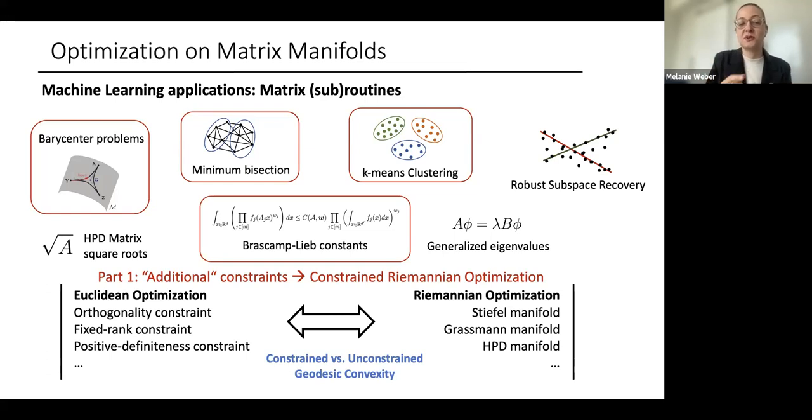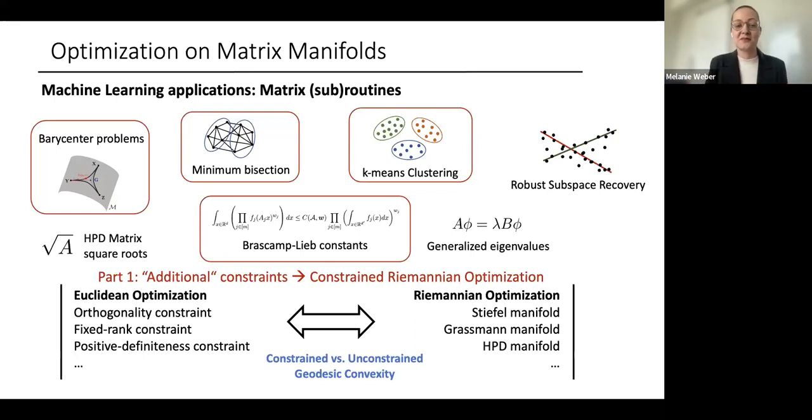In addition to the constraint that defines what class of matrices we're working with, there are other constraints, perhaps on the determinant of the matrix or the norm of the matrix. These additional constraints also have to be handled. So in a sense, what we're solving in the Riemannian setting is not exactly an unconstrained problem. There are additional constraints that we have to take care of, and in order to handle this, we have to develop constrained optimization methods.